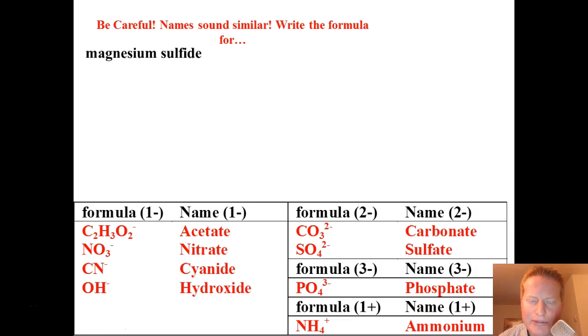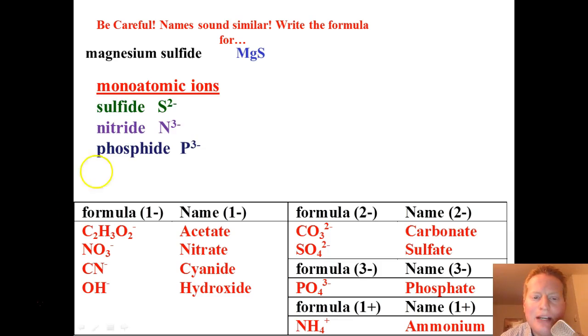Now, the last thing, be very careful because these have similar names. So for example, let's try to do magnesium sulfide. Well, that's the formula for magnesium sulfide. The "ide" ending is a different thing. That's the skill we already did. That's very different from sulfate. So the monoatomic ions, the ions that contain only 1 atom, are sulfide, nitride, phosphide.